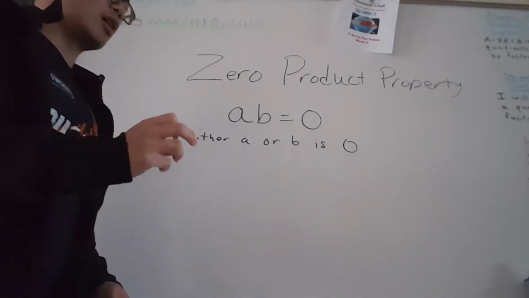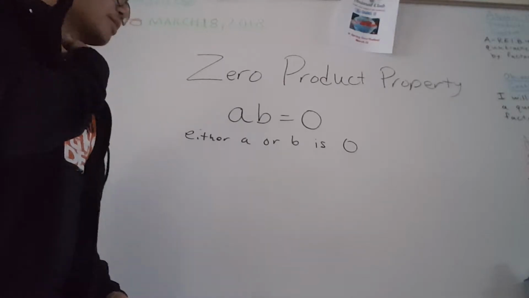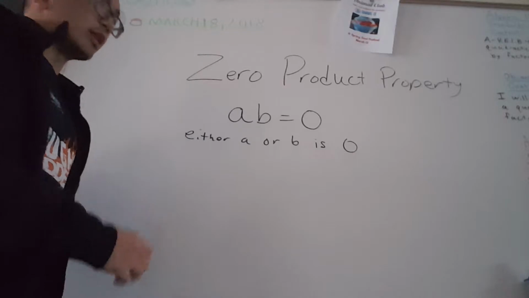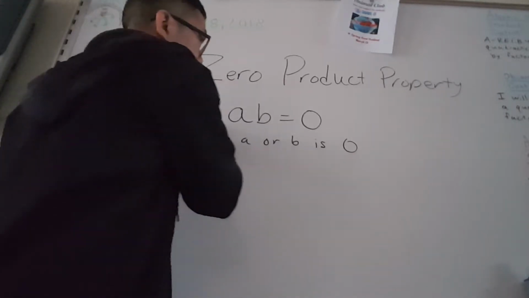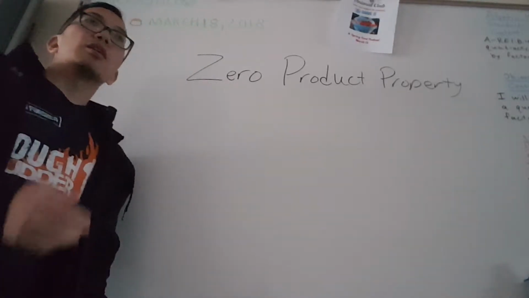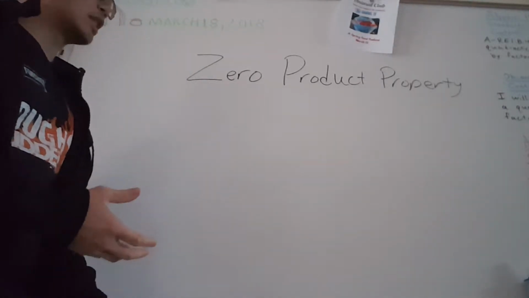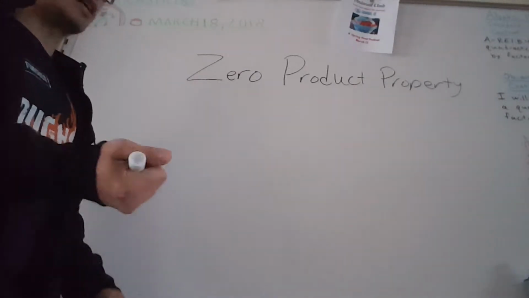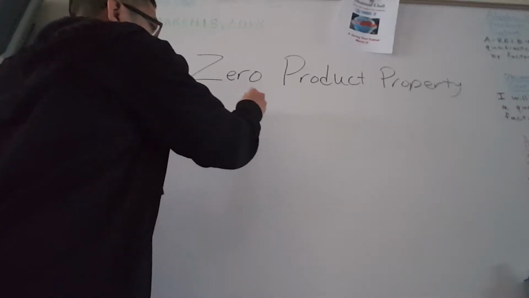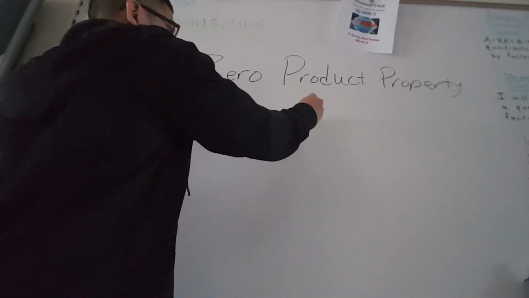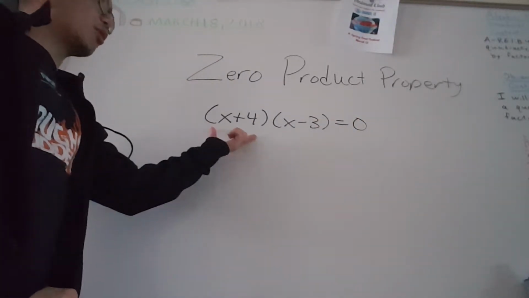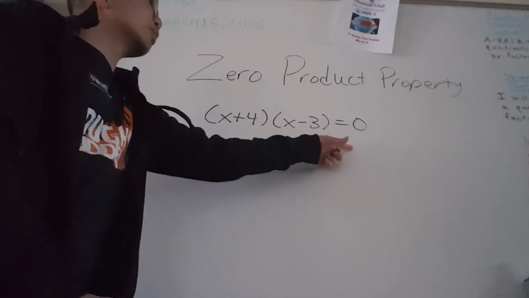So remember, quadratics are our equations with a power of 2. Let me show you how the zero product property is used in quadratics. Remember from last chapter, we factored polynomials, specifically quadratics, and we got factors. Now, if I have something that looks like this, it means x plus 4 times x minus 3 is equal to 0.